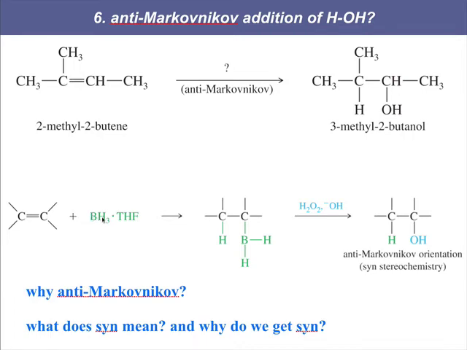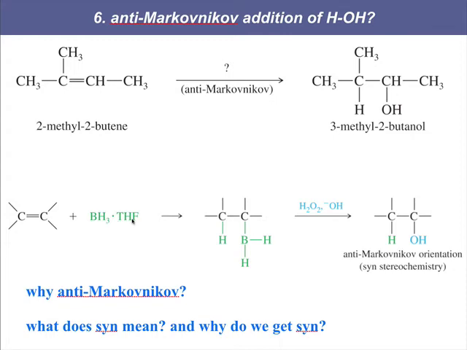So instead of pure BH3, we use BH3 that has been complexed with tetrahydrofuran. We've seen tetrahydrofuran before. Basically, the lone pairs on the oxygen in THF grab onto the boron and prevent the boron from polymerizing with other borons around it.